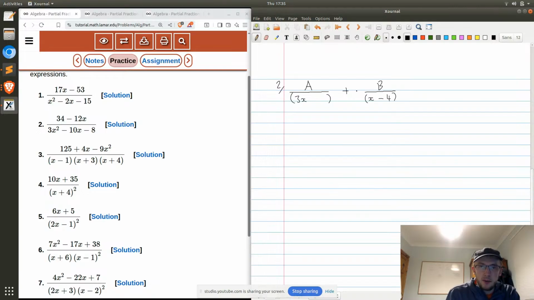Yeah, so minus 4 there and a plus 2 there. And when I multiply these two together, that will create the original quadratic down there. And then a times x minus 4 plus b times 3x plus 2 has to equal 34 minus 12x.